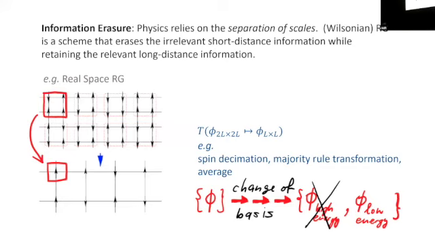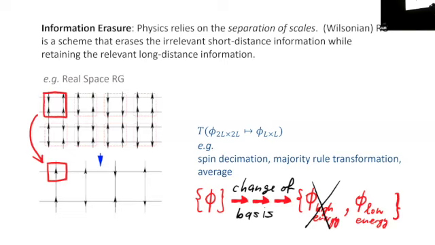For instance, in the spin context, people oftentimes use spin decimation, for instance in 1D Ising, or the majority rule, for instance in 2D Ising, and so on and so forth. And in the continuous setup, for instance, if you have phi to the 4th on the lattice, you can do some kind of averaging procedure when you go from that picture to this picture.